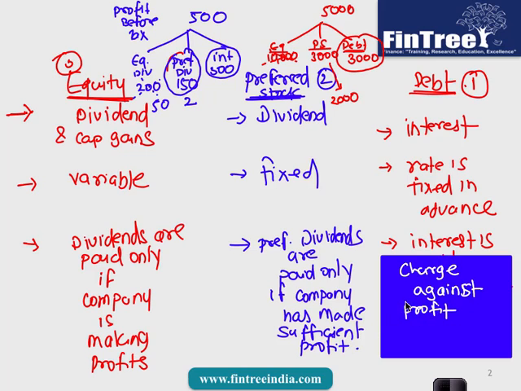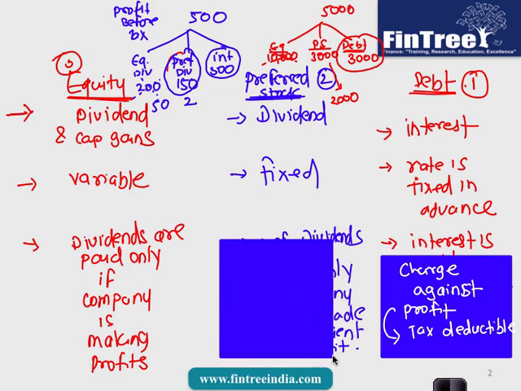And the simple interpretation of this is that when it is said charge against profit, it is tax deductible. Right? So we've already seen this, that when you pay interest, it reduces your profit, and because your profit reduces, you have to pay lesser amount of taxes. So when you pay interest, it is called as charge against profit.